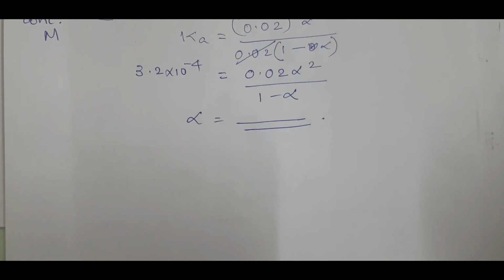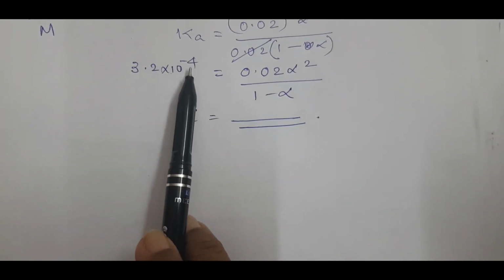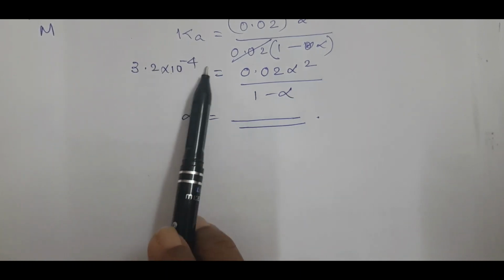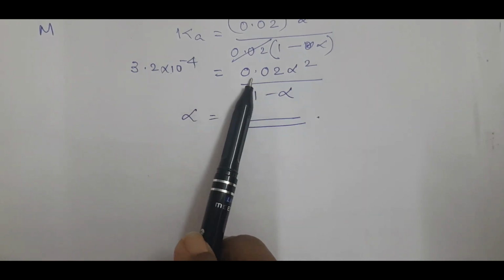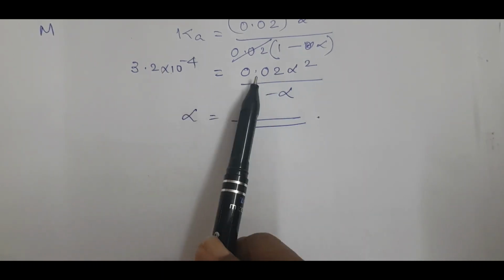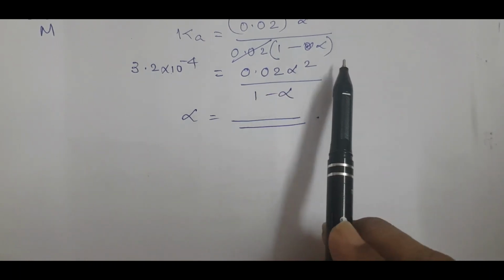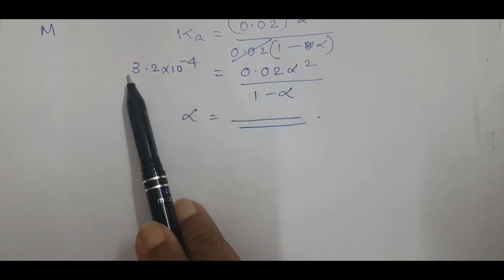You will get a quadratic equation. Just cross multiply this, that is 3.2 into 10 raised to minus 4 into 1 minus alpha. So what will you get? 3.2 into 10 raised to minus 4 minus 3.2 into 10 raised to minus 4 alpha is equal to 0.02 alpha squared. This is minus, no? Yes.